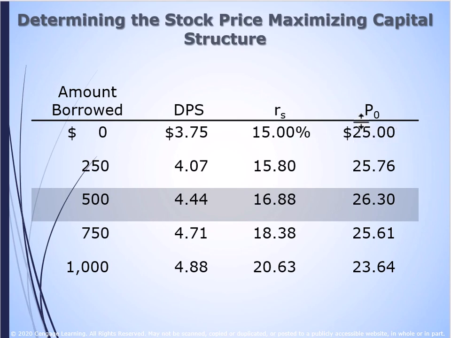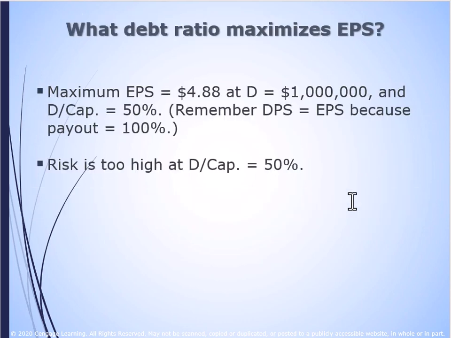If we do this for all 5 cases, you find that the maximum stock price in this case occurs at $500,000 of leverage. So the maximum earnings per share, $4.88, is at $1 million, and the debt capital equal 50%.